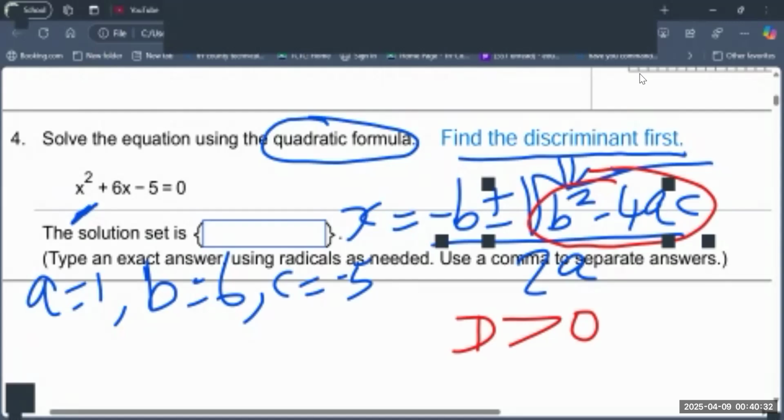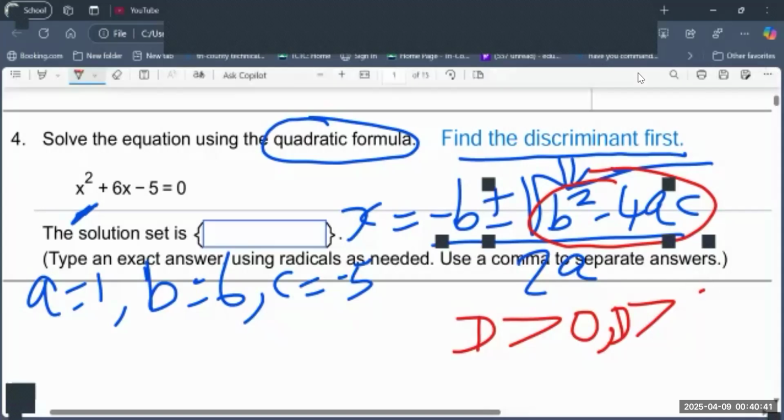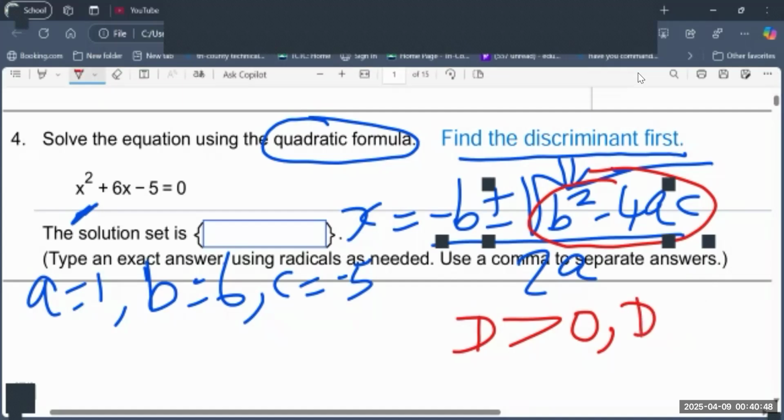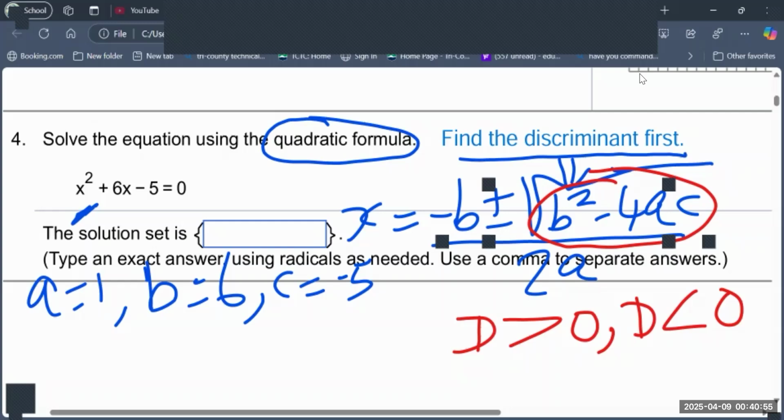If D is less than 0, we have an imaginary solution. If D is equal to 0, we have one real solution. Okay, so we are going to find the discriminant first.